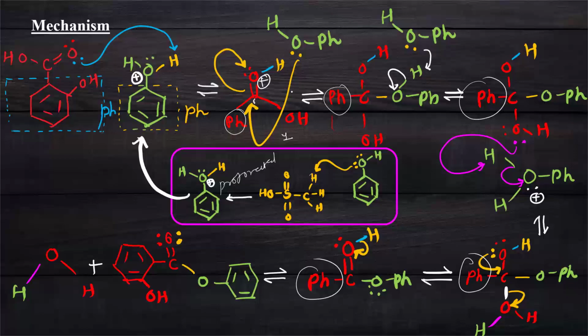Again the process starts. Here the H is present, so that lone pair again attacks the hydrogen and abstracts it. The bond pair shifts here and we get the second intermediate. This is the second, and this is the third. In the third intermediate compound, we again have the protonated phenol hydrogen, which is attacked by the lone pair of the oxygen atom on that side.